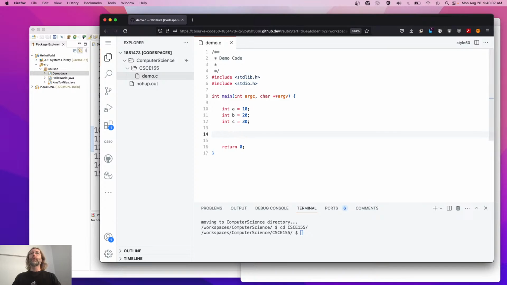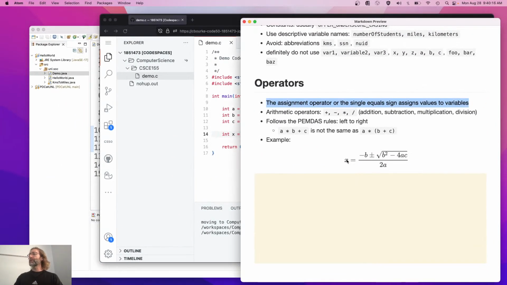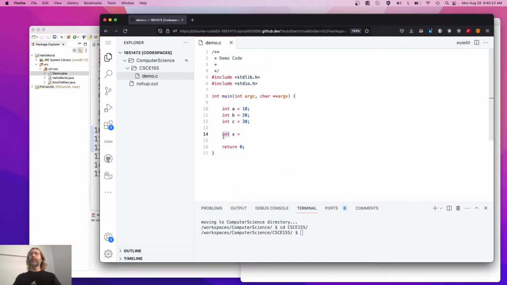And let's go ahead and go with int x is equal to all that stuff. Let's think about that for a second here first. Is the result of this quadratic formula likely to be an integer? Probably not. So let's come back over here and change it to something that's more likely, a double. Right, there we go. So negative b plus minus square root. How do I get a square root?